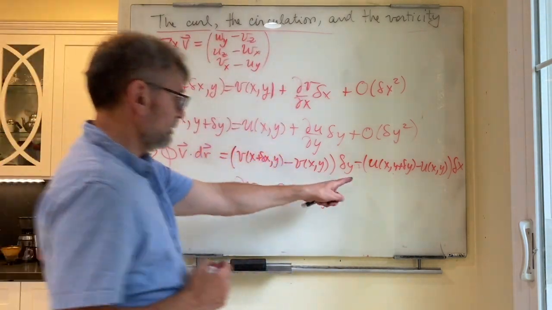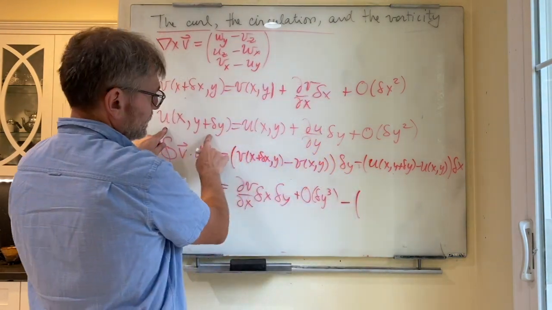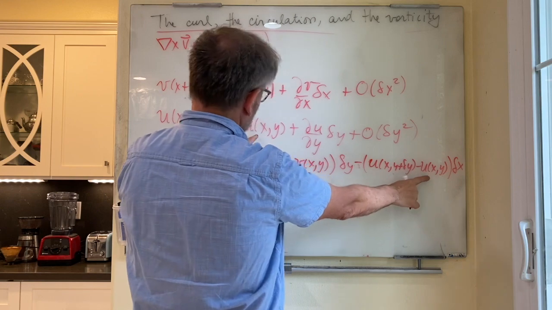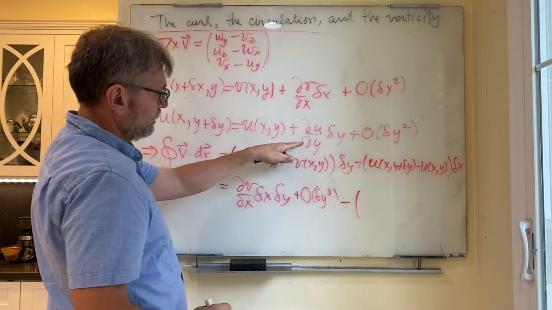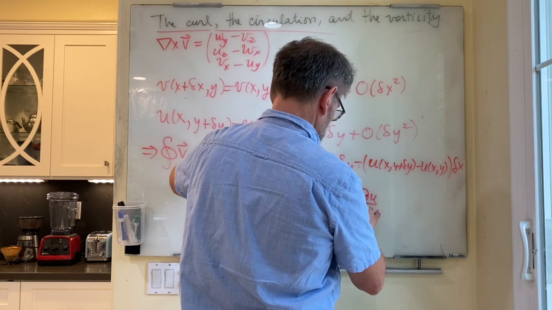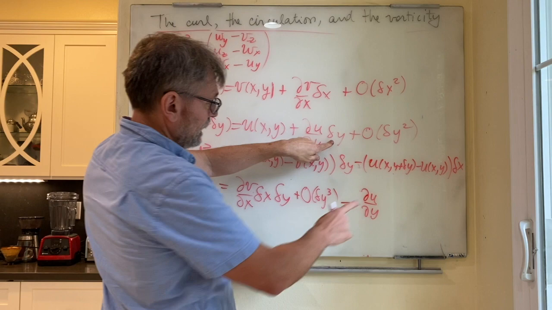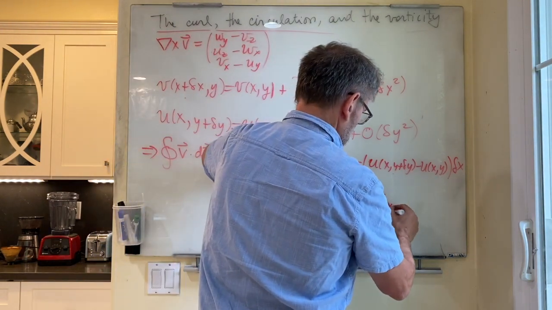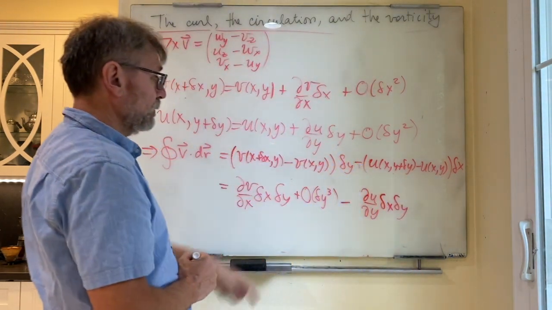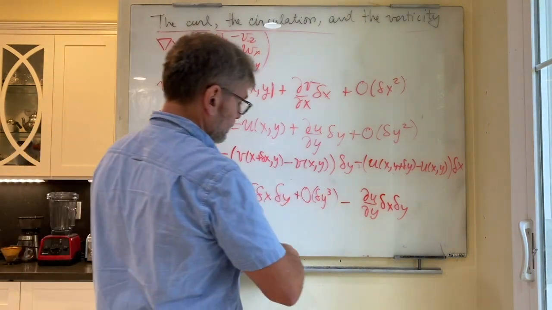And then the same thing over here, I will have minus, and this time when I plug this expression in here, the u of xy will cancel, and what I'm left with is du dy times delta y and delta x, delta y, and this time I will have errors. Oh, I said delta y cubed, that's wrong.